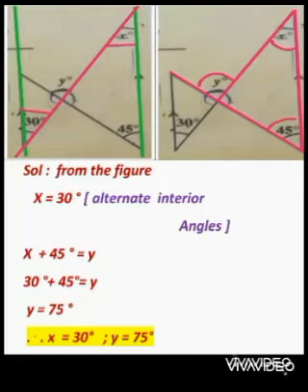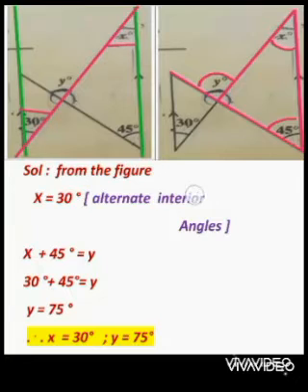From the figure, you observe the figure here, children. We have considered these two lines as parallel lines, and this has a transversal. Then here x is equal to 30 degrees. The reason is alternate interior angles.